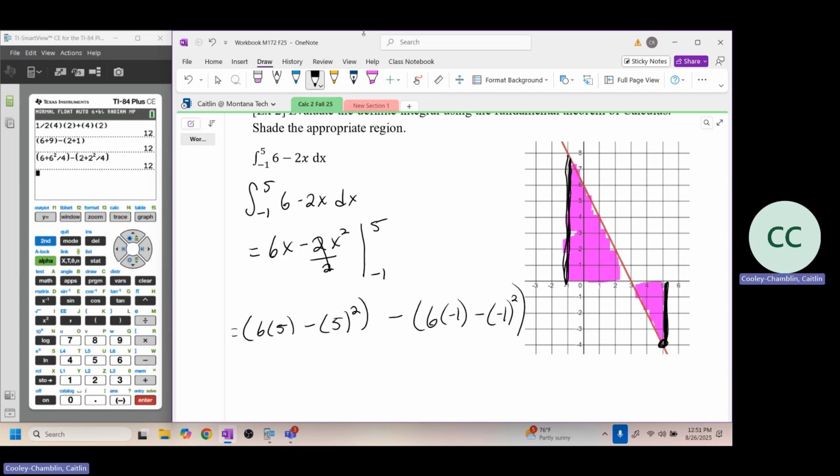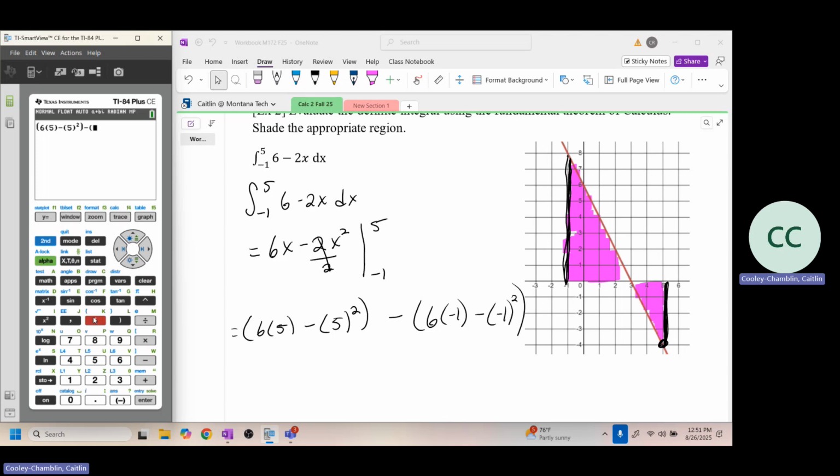All right, I am going to type this into the handy dandy calculator. So we have 6 times 5 minus 5 squared. Close that parenthesis. So that first piece I'm typing in is evaluating my antiderivative at 5.